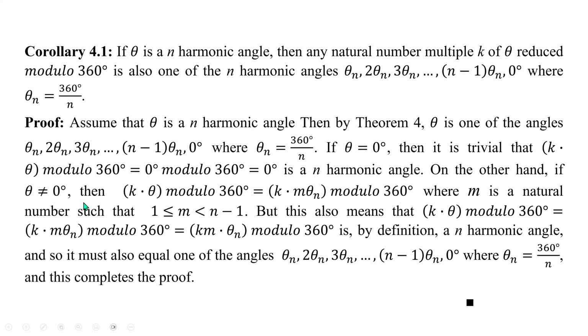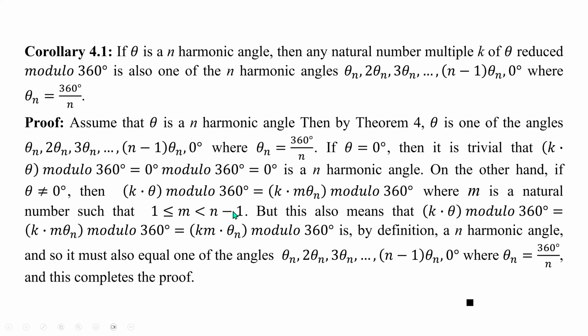On the other hand, if theta is not equal to 0 degrees, then k times theta modulo 360 degrees is equal to k times m times theta sub n modulo 360 degrees, where m is a natural number such that 1 is less than or equal to m, strictly less than n minus 1.